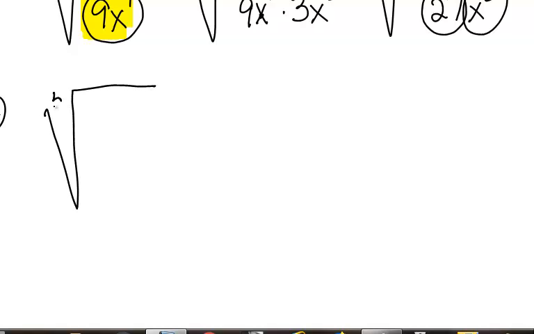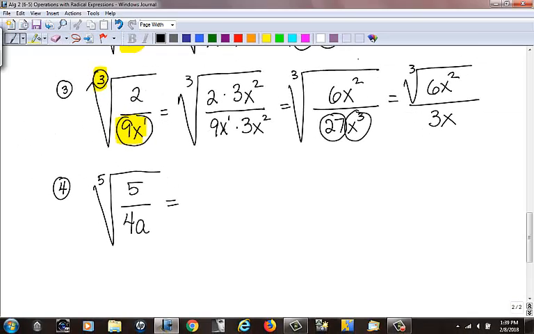This one, we're going to go 5th root of 5 divided by 4a. You're looking at this index, and you're looking at the denominator. 4 is actually 2 squared. I need it to be 2 to the 5th.